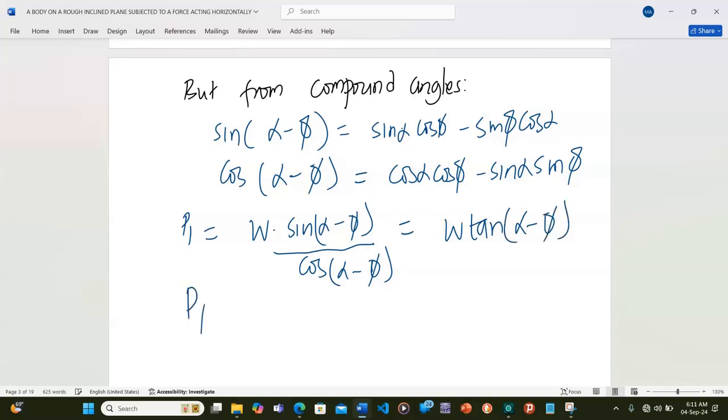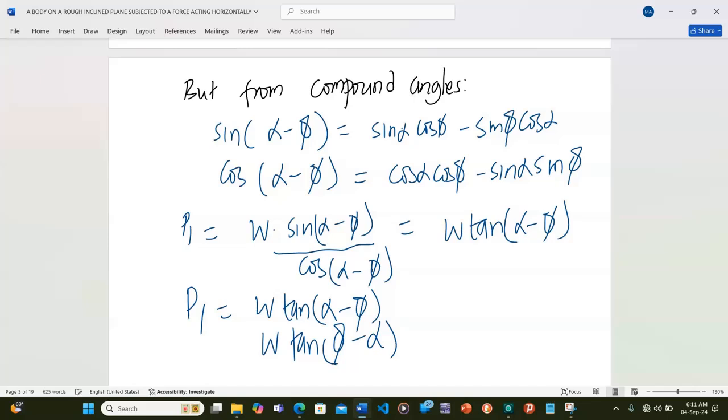So P1, the minimum force required to keep the body in equilibrium when it is at a point of sliding downwards, will always be W tan alpha minus phi, or W tan phi minus alpha.